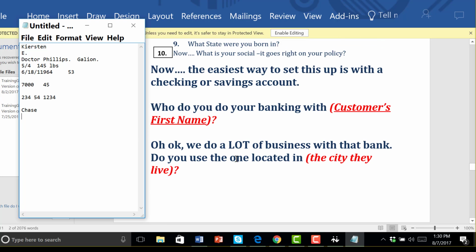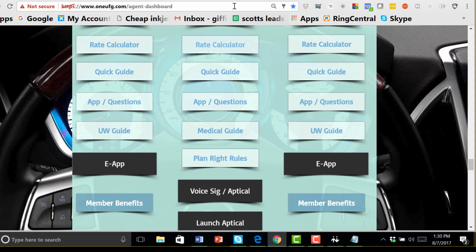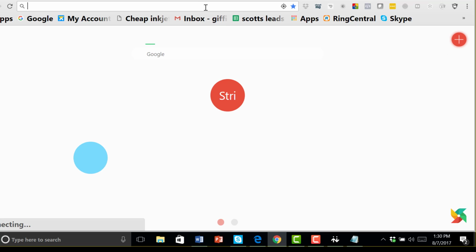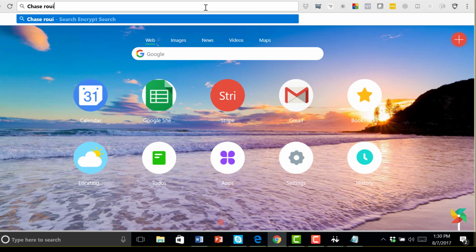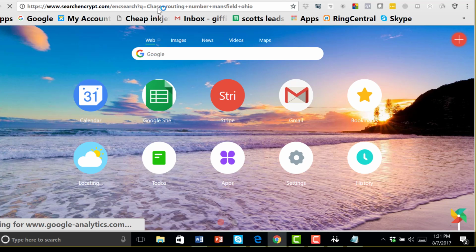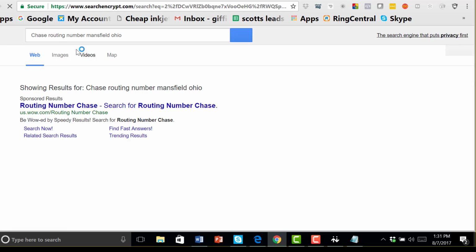Now, if you'll hold on one second, I'm going to pull them up in our system and pull up their routing number. That way you can verify that we've got the right one. Now, just bear with me here. I'm pulling them up in the system.